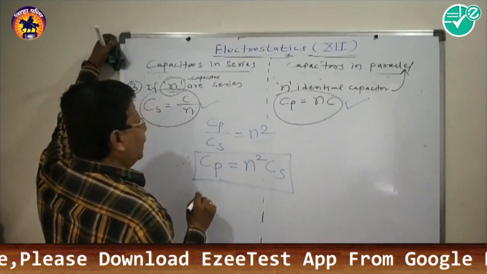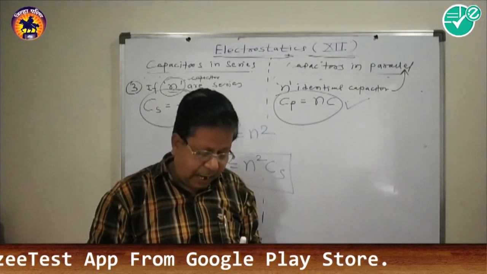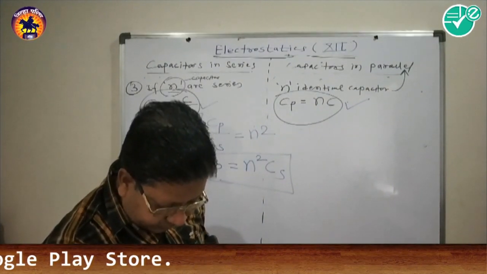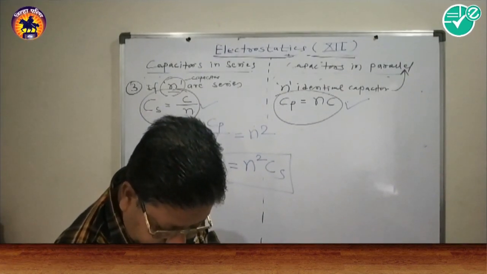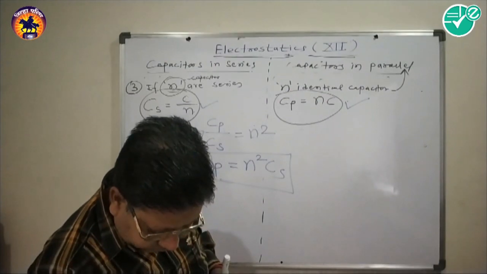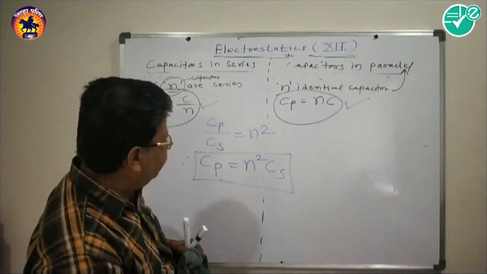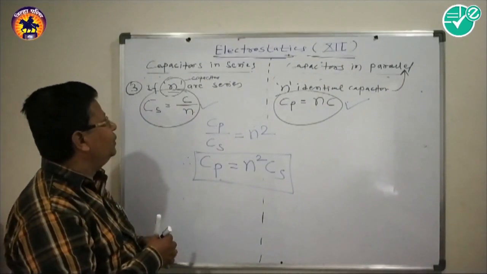So when n identical capacitors are connected in series and again these n capacitors are connected in parallel, we get the formula Cp is equal to n square times Cs.